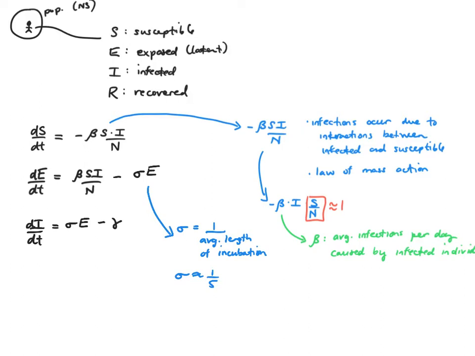So there's some rate of recovery that is dependent on the length of time you spend in the infected class, or you can die. That's another way to leave the infected class, and I'm going to write it as minus mu I.